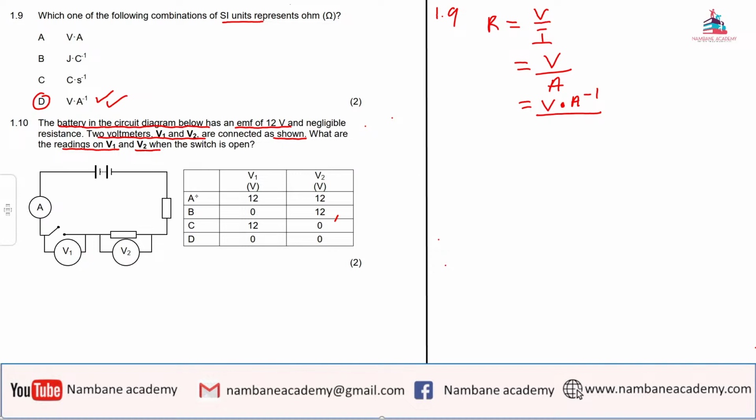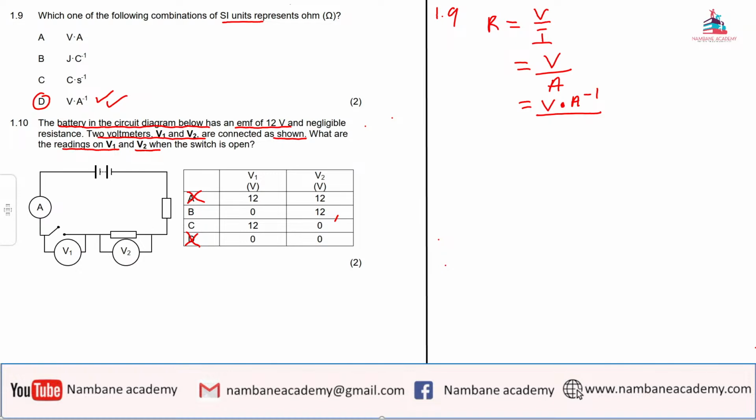It can't be 12-12. It can't also be 0-0. Why? Because the potential difference of the battery is there, 12.